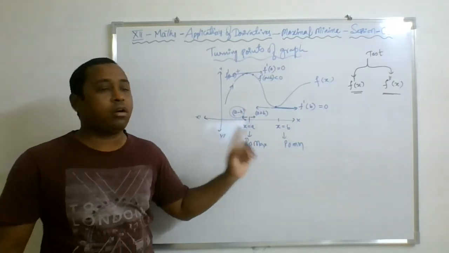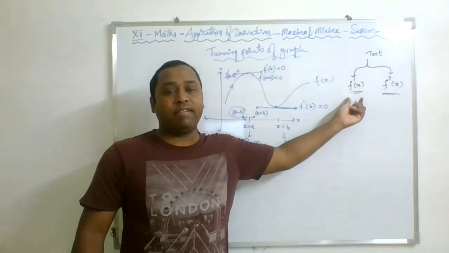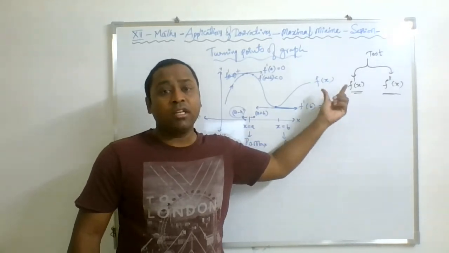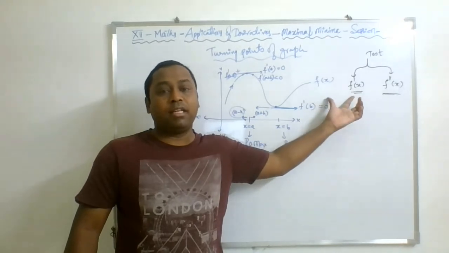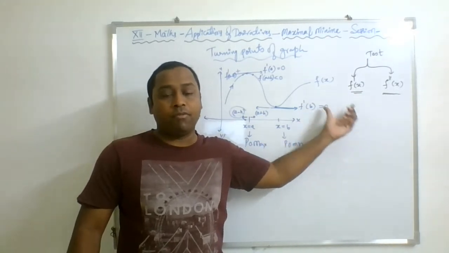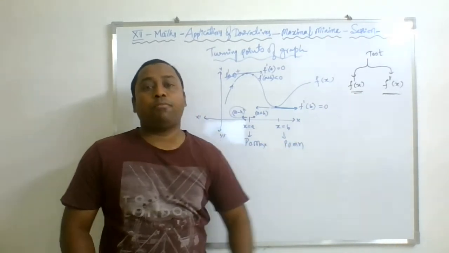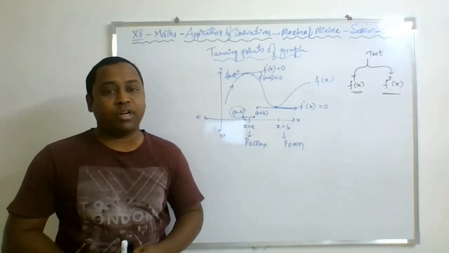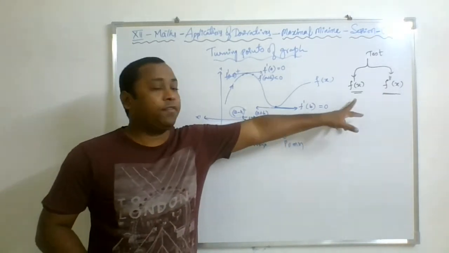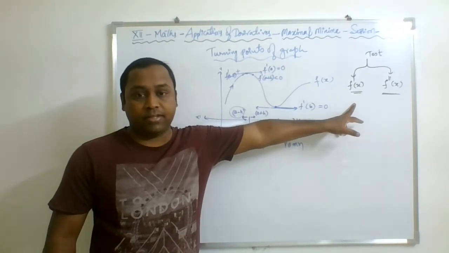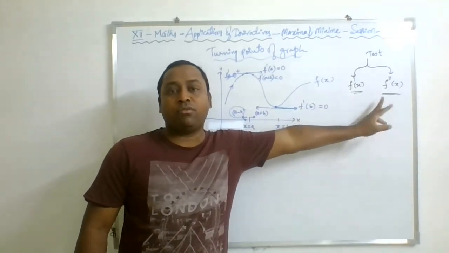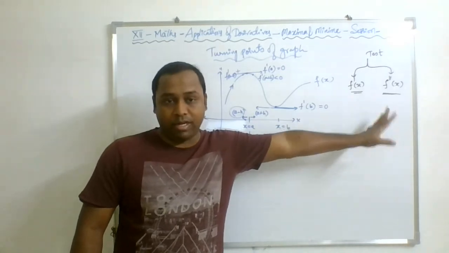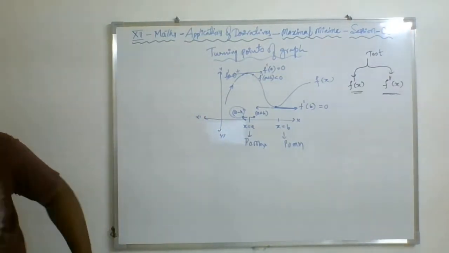Hence, this is called the first order derivative test. First we'll take a question where we will see how the method works to find the point of maxima and point of minima through the first order derivative test. Then we will go for the double derivative test, which is the easiest one.